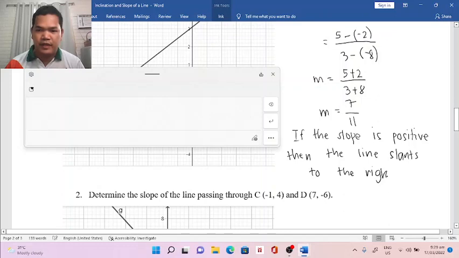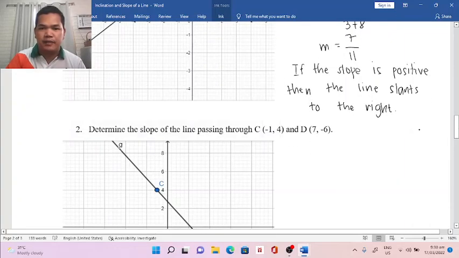Okay, so we have now our first conclusion. Now let us have the second example.